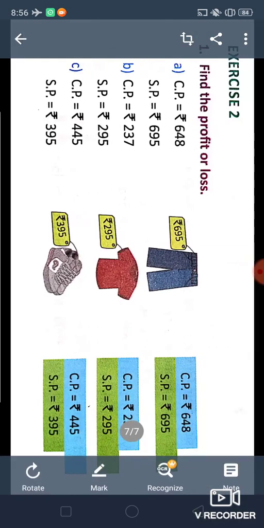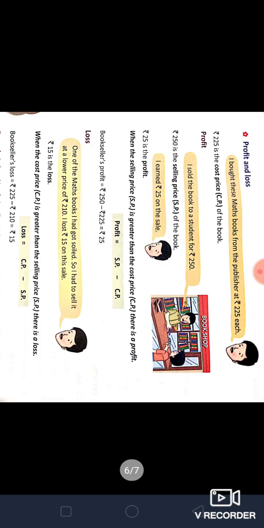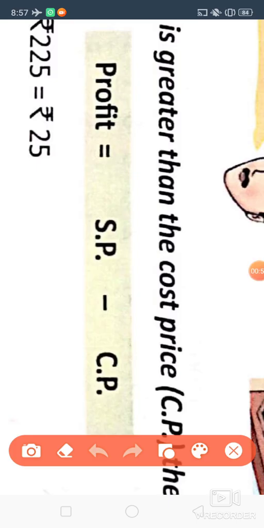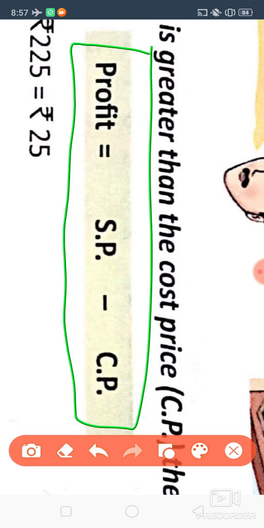So this is your exercise 2. But before that, let's understand what is profit and loss. Profit is equal to SP minus CP.